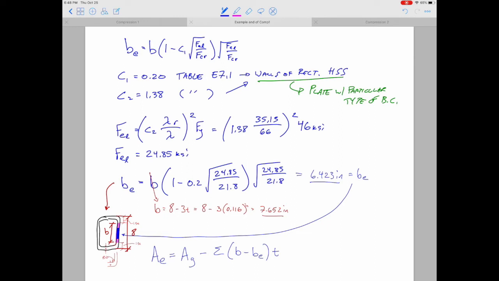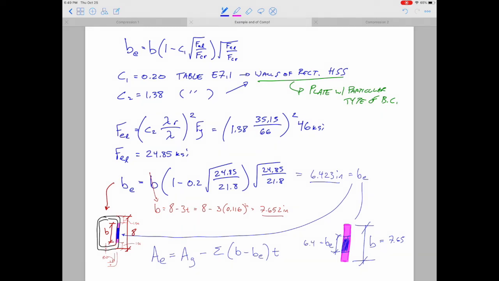Right, so if I redraw this figure over here, I had this one, then I said, oh, you know what? My B, this is my B, and I said B effective is a lot less, right? This was 7.65 something, and this is 6.4 something.